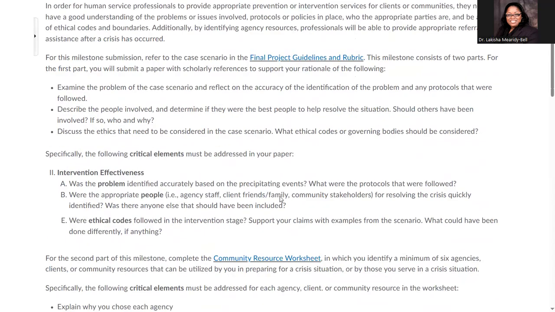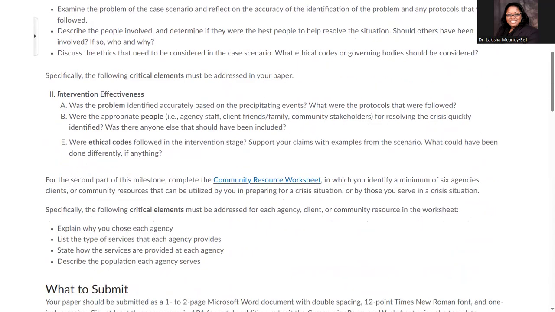Okay. All right. For the next section, when we get to the critical elements, please create a heading so that your instructor can know that you're talking about this information: the intervention effectiveness right here. Was the problem identified accurately based on the precipitating events? Notice how the word problem is in bold. This is what you're being graded on, making sure that you clearly give details about that problem.